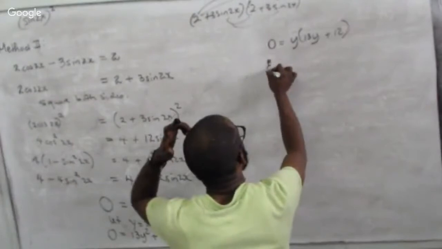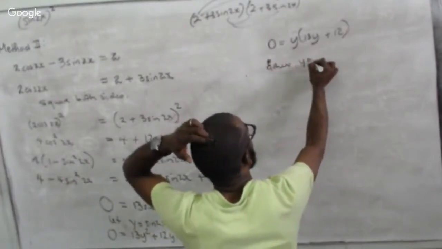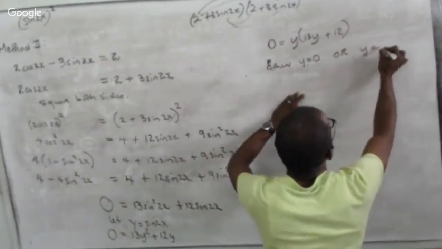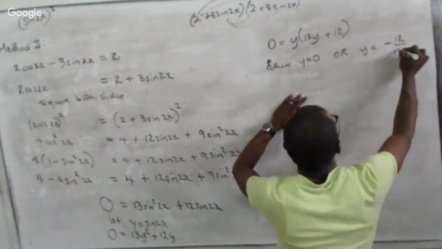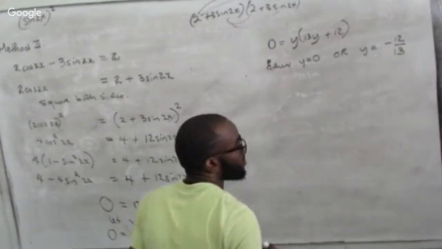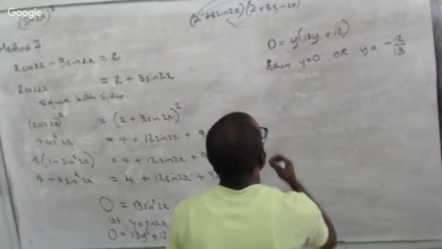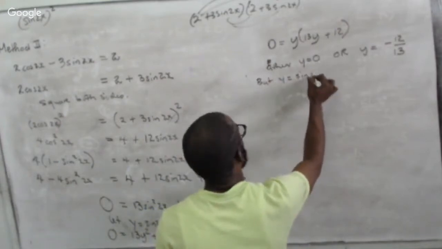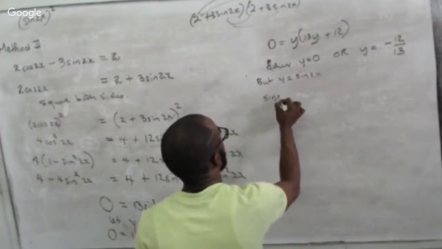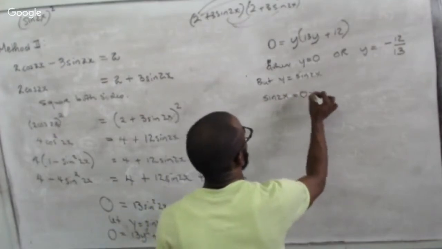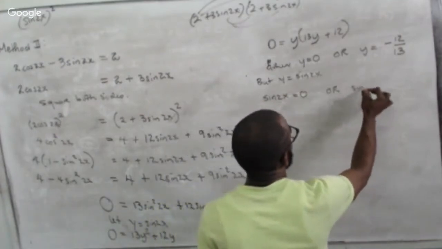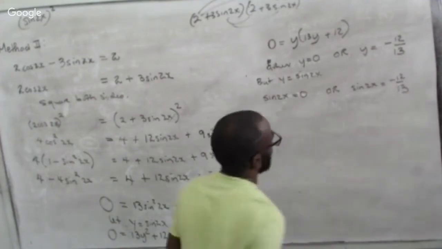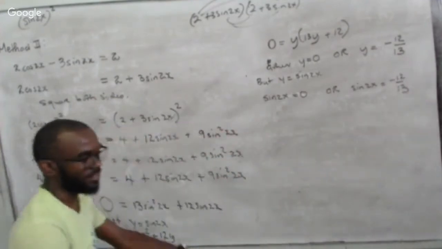So either y equals 0, or y is equal to minus 12 upon 13. But y is equal to sin 2x. So sin 2x is equal to 0, or sin 2x is equal to minus 12 upon 13. Are we following that so far?